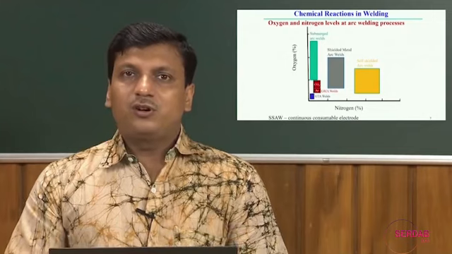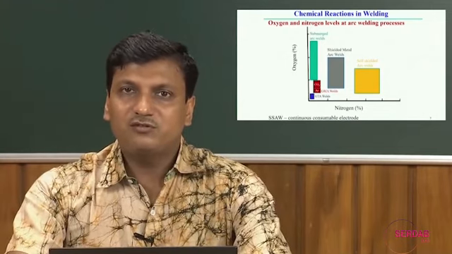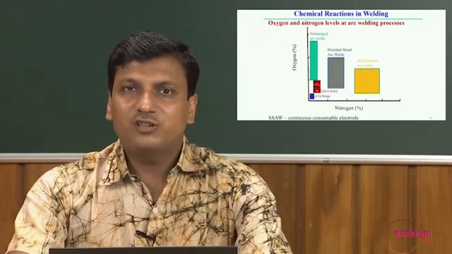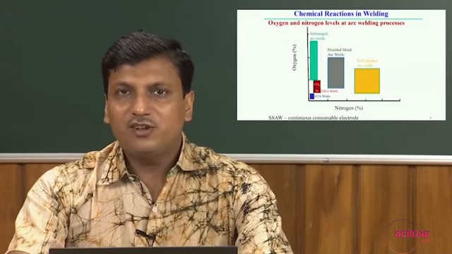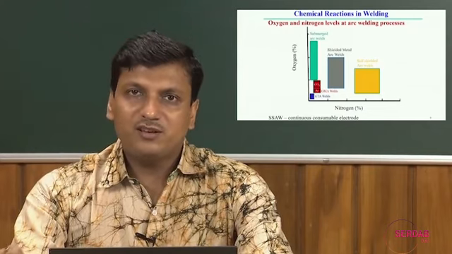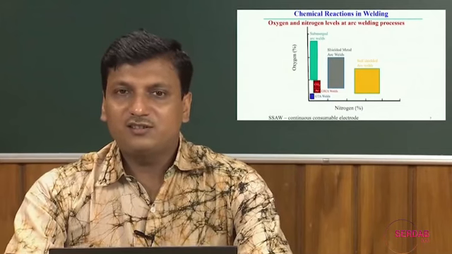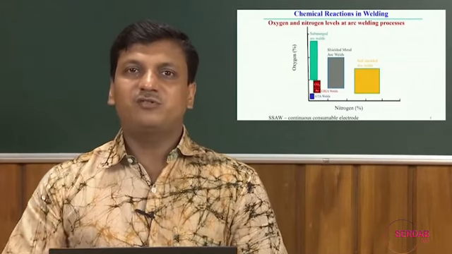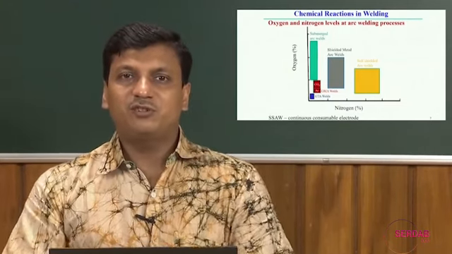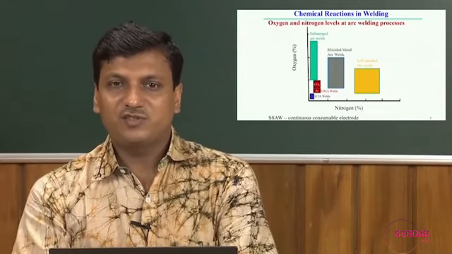So, although we can use shielding gas and different types of protection, and we can use flux also, to protect the molten pool, the final composition of the weld joint may still have some amount of oxygen and nitrogen. For different welding processes, we can get some idea here of the typical oxygen and nitrogen content.